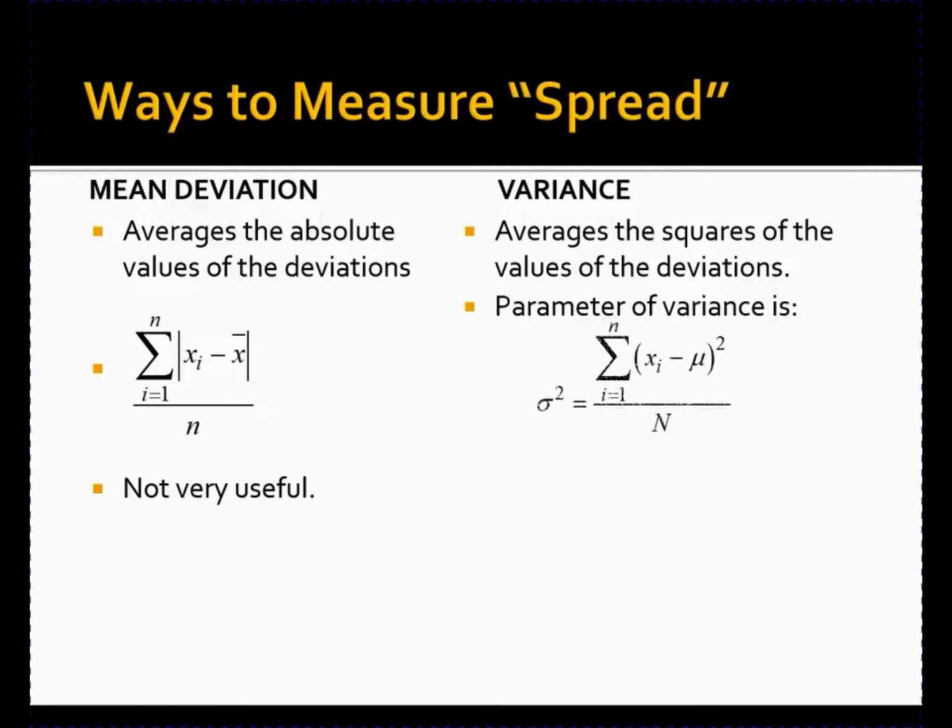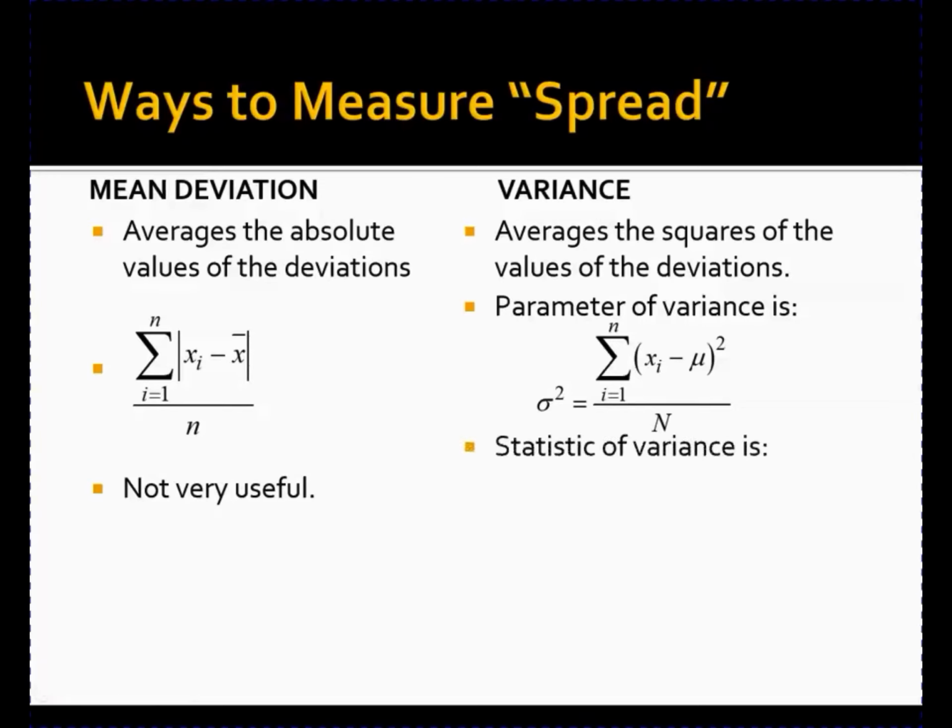Remember we have parameter versus statistic. This is how you find the parameter value for variance. We use a lowercase sigma squared, which equals the sum of squares of the deviations.